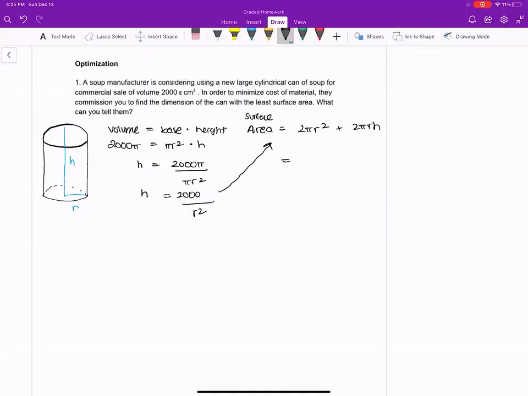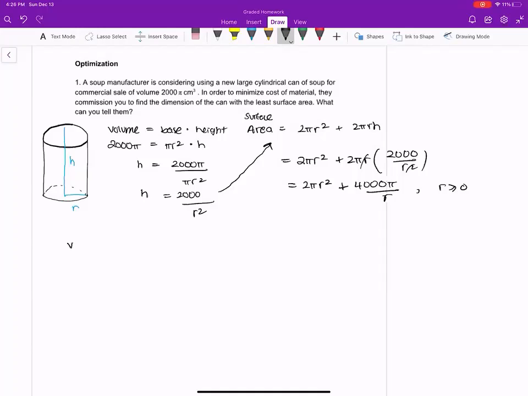So you get 2 pi r squared plus 2 pi r, where the height is 2000 over r squared. You can simplify this to 2 pi r squared plus 4,000 pi r. That cancels out and you multiply it by 2. And notice that your radius is always greater than or equal to 0.